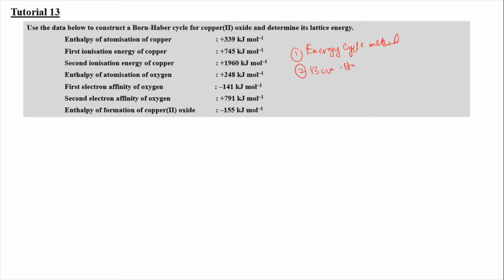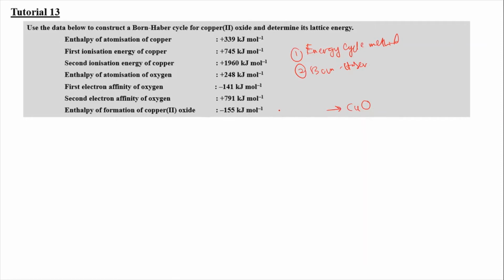All right. So the first thing that you need to know is the enthalpy of formation of copper oxide. The enthalpy of formation of copper oxide happens when 1 mole of substance is produced from its elements. So copper oxide needs to be in the unit of 1 mole here.